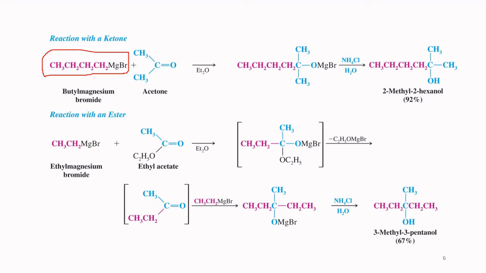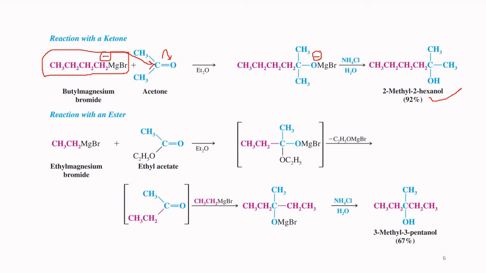This will form R minus, and it will attack this carbon, and the electron will move to the oxygen, and we will get this alkoxide. As usual, the oxygen minus will abstract the proton from the acid that we use, and then we will get a tertiary alcohol, as you can see in the slide.